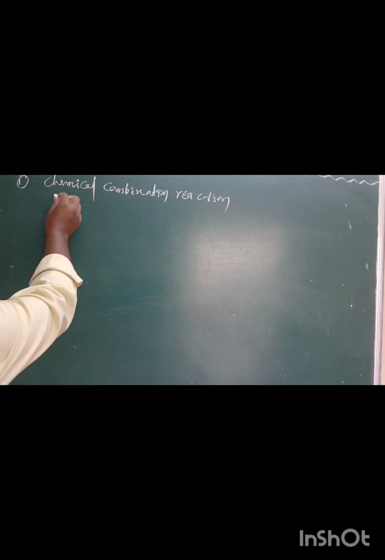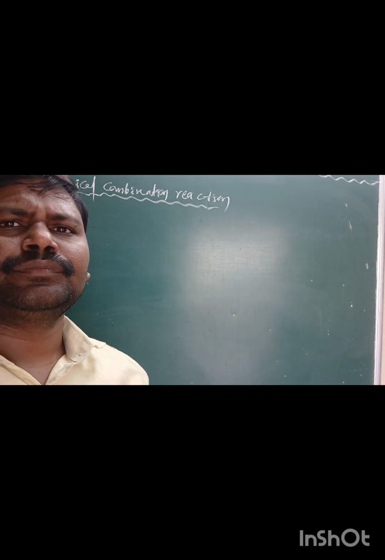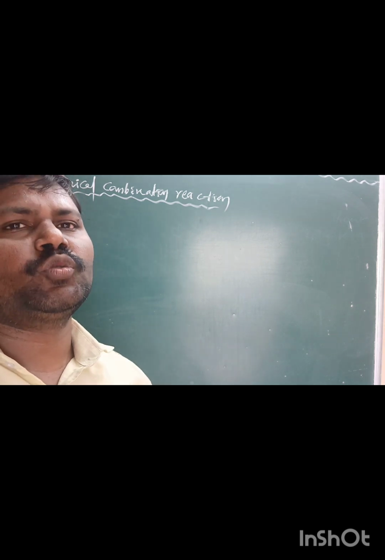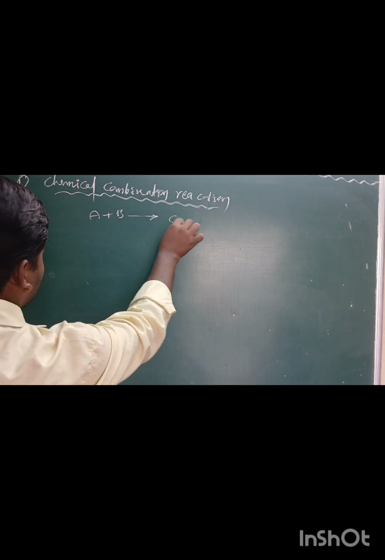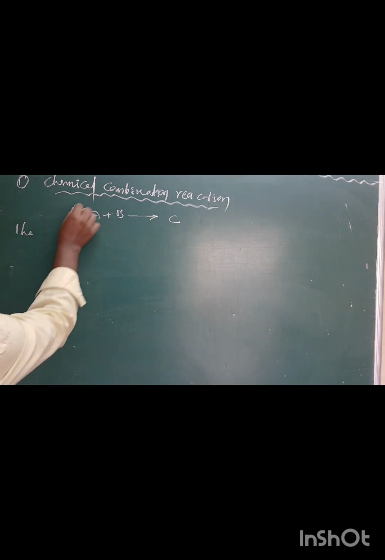They are very easy. Okay, the reaction in which two or more reactants are combined to give a single product. For example, now I am taking A plus B gives rise to C. This is the general form.